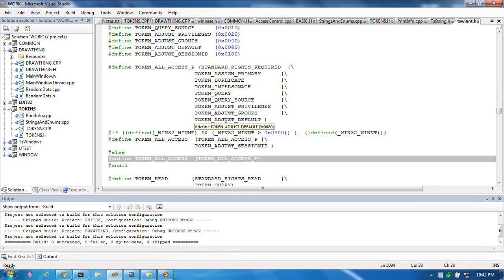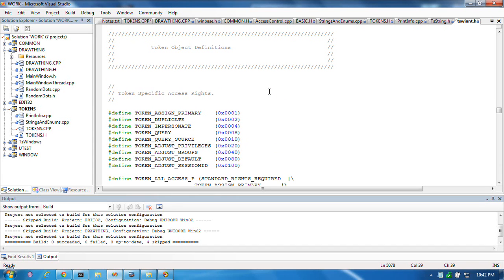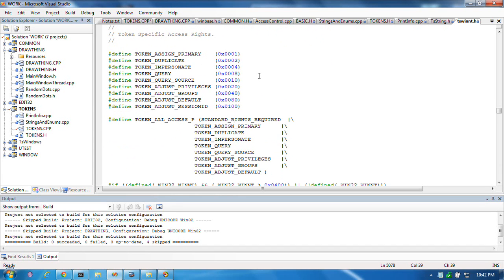Oh, I certainly didn't get anything like that. This isn't the same. TOKEN_ALL_ACCESS_P. Okay, well anyway, standard rights. See, are all those standard rights except for the top one from the access mask.